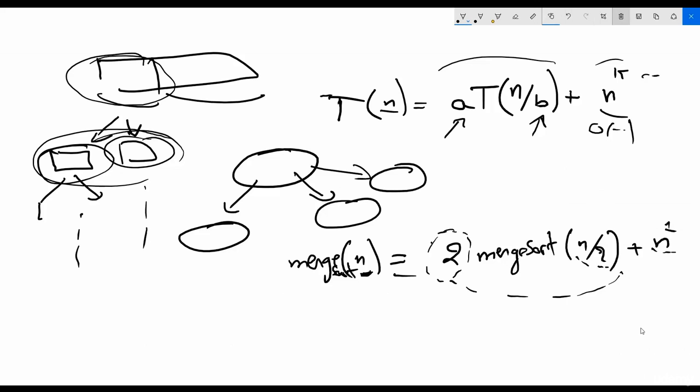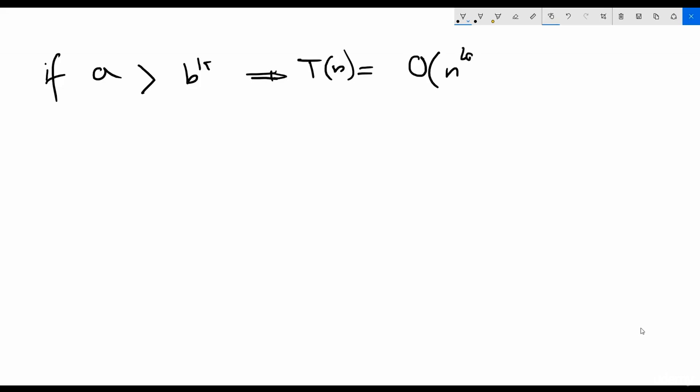The master theorem says that if a is bigger than b to the power of k, in that case the complexity of the algorithm T equals the complexity of n to the power of log base b of a.